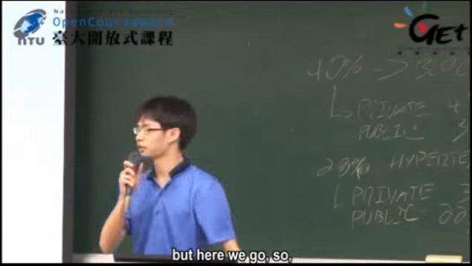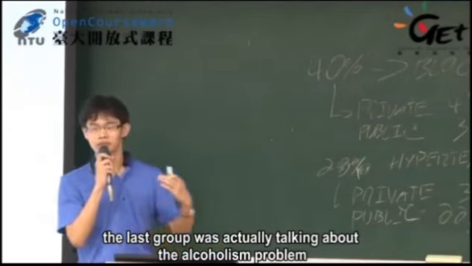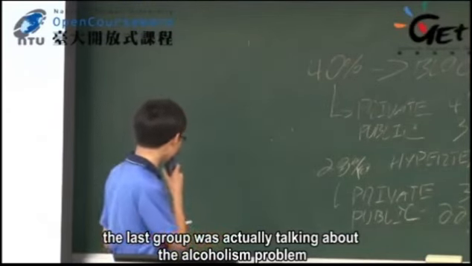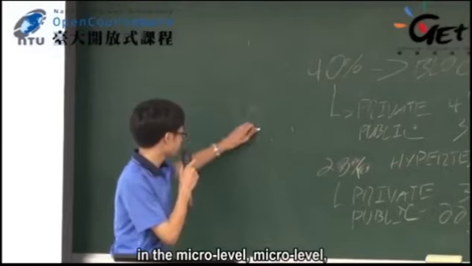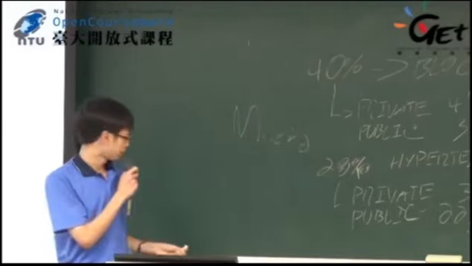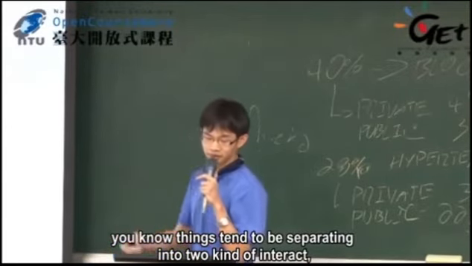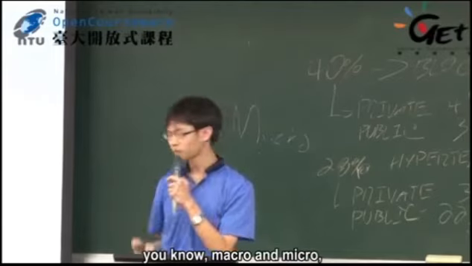But here we go. The last group was talking about the alcoholism problem on a micro level. Things seem to be separated into two kinds, right? Macro and micro.